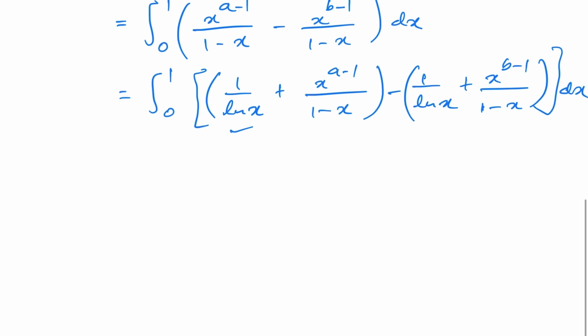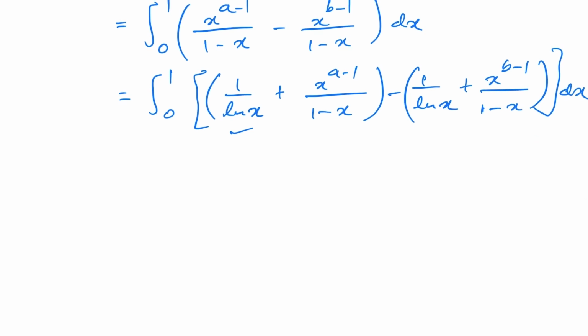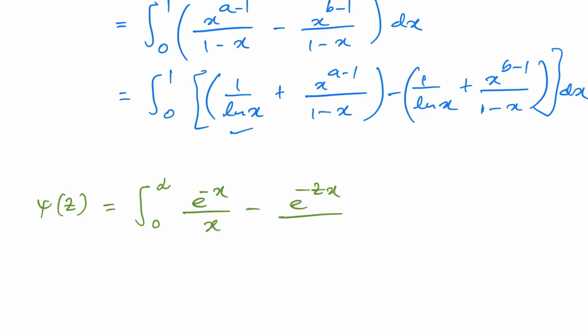Let's recall the integral representation of digamma of c. We know digamma of c is equal to the integral from 0 to infinity of e to the minus x over x minus e to the minus c times x over 1 minus e to the minus x, dx. Now I'm going to take a substitution: t is equal to e to the minus x.